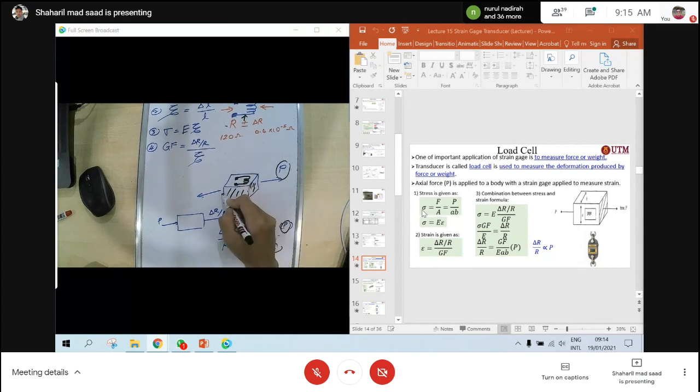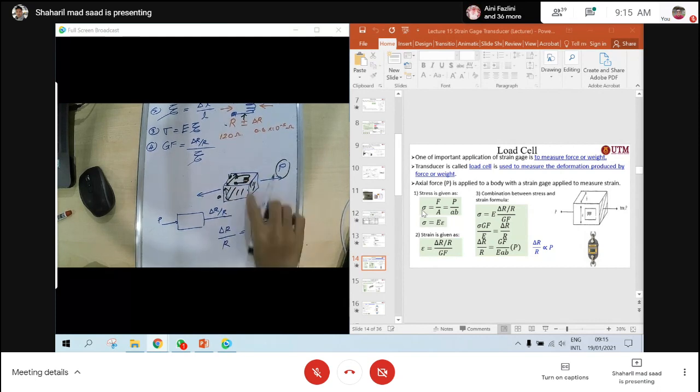So A, what is it? This one is A, you times with B here, because we are going to get the area for this one. And if you apply it to a rod, the area will be pi r squared. What else? If you have the triangle, sorry, it's not on our topic. I don't know how to do that.